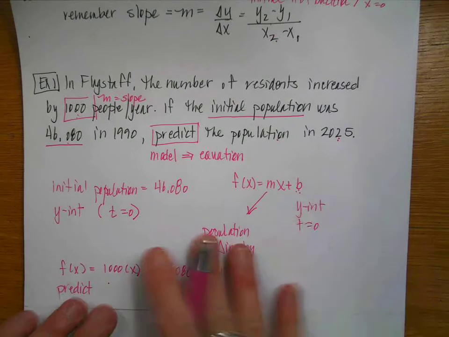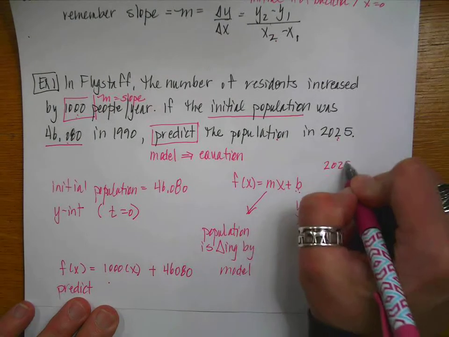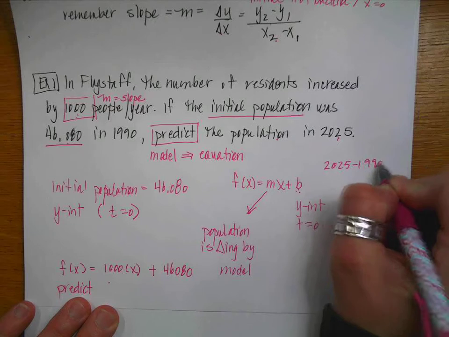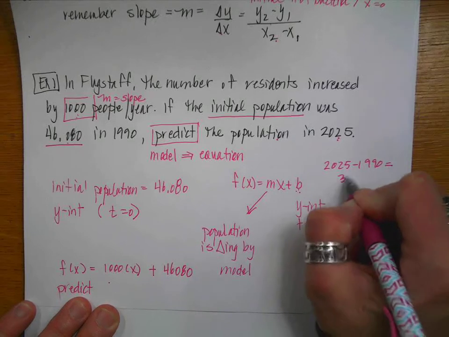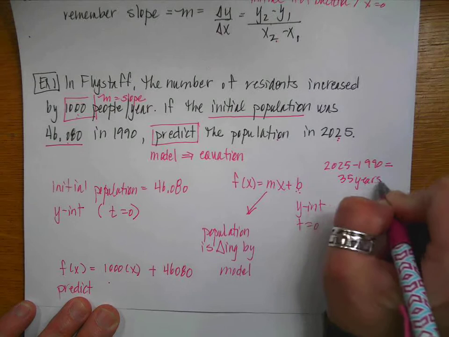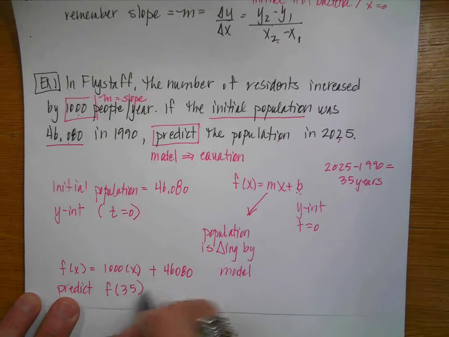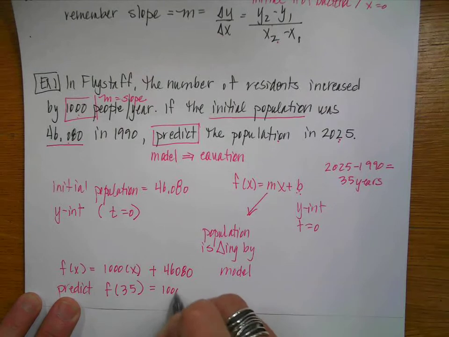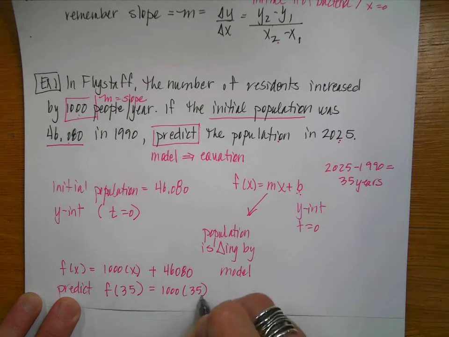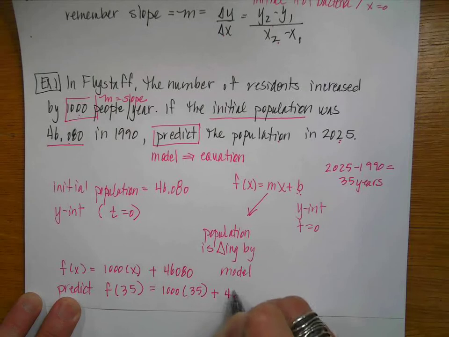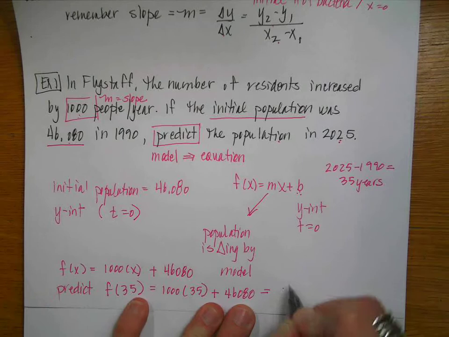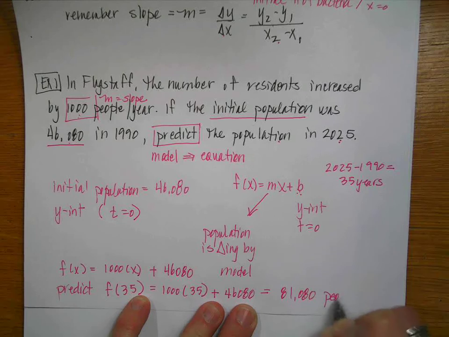So we need to do a little bit of math. So if I do 2025 and I subtract 1990, I'm going to get that that is 35 years. Okay? So I want to predict f of 35. So that's going to be equal to the 1,000 times 35 plus the 4680. And we're going to get that the population in 2025 is going to be 39,680 people.